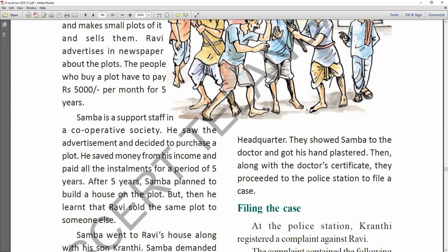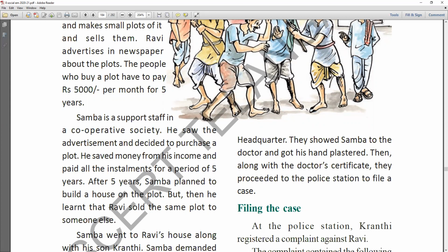Samba has seen the advertisement which was made by Ravi, and decided to purchase a plot.